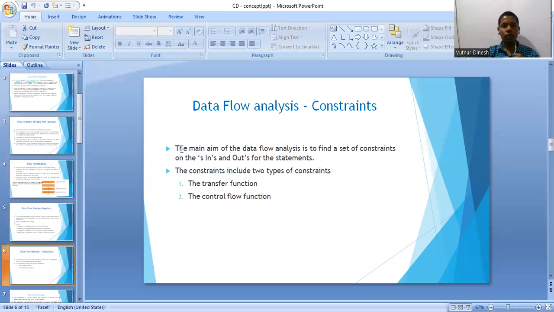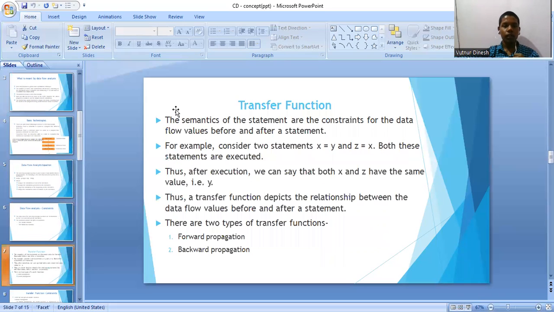The main aim of data flow analysis is to find a set of constraints on the ins and outs for the statements. The constraints include two types: the transfer function and the control flow function. In the transfer function, the semantics of the statements are the constraints for the data flow values before and after a statement.